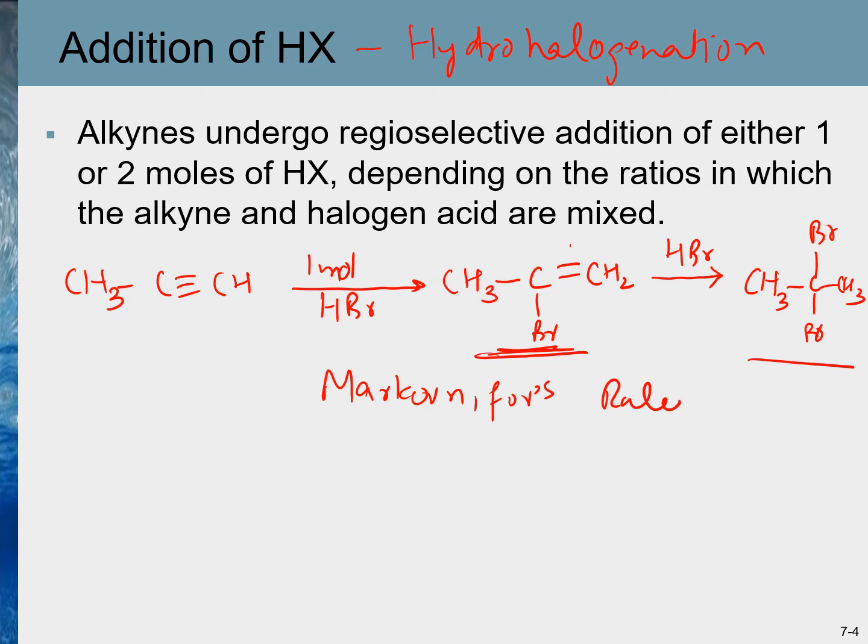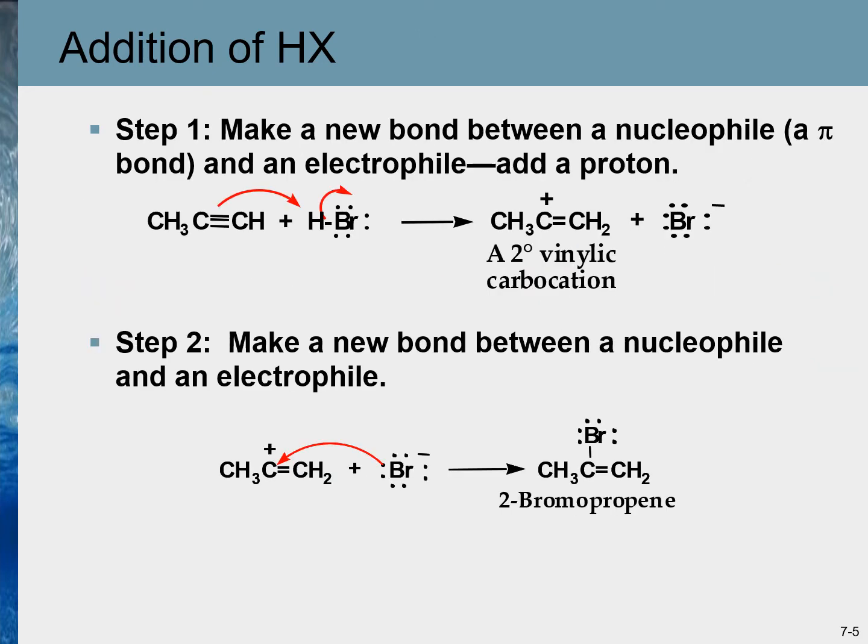So it means that the hydrogen part of the addendum, which is HBr in this case, will go to the carbon atom which already has more hydrogens, and the other part will go to the other carbon atom. HCl also reacts in a similar manner with alkynes. The mechanism of hydrohalogenation of alkynes is quite similar to the one which we observed in case of alkenes.